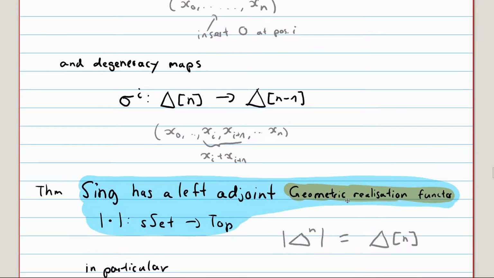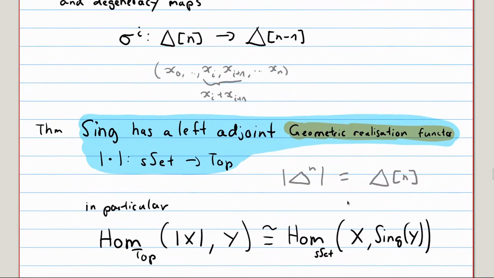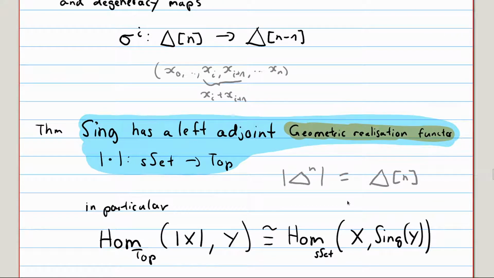So what's nice about this functor, or this association, is that it admits a left adjoint called the geometric realization functor. Given some simplicial set, we can interpret this as a topological space in a very natural way. We define it usually using a colimit, but if you have easy or nice simplicial sets, then the geometric realization is the thing that you would expect.